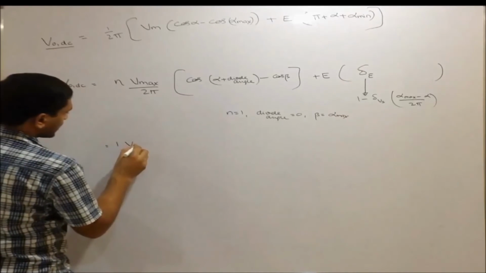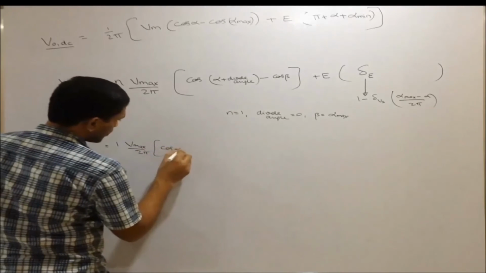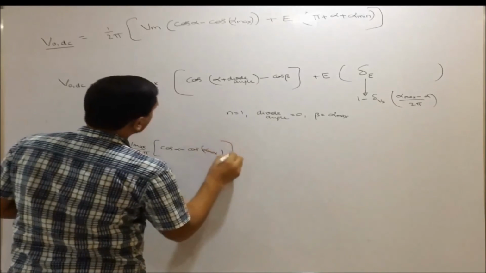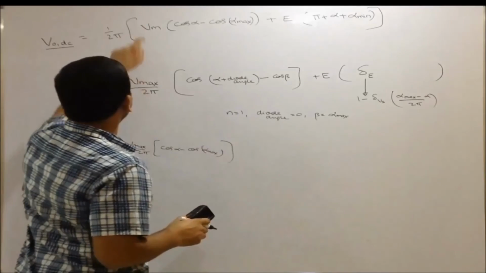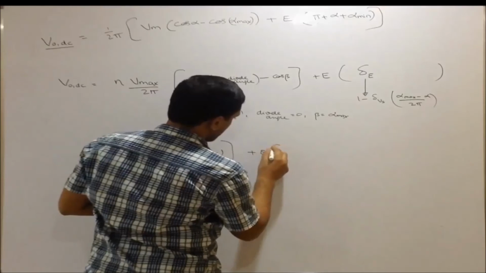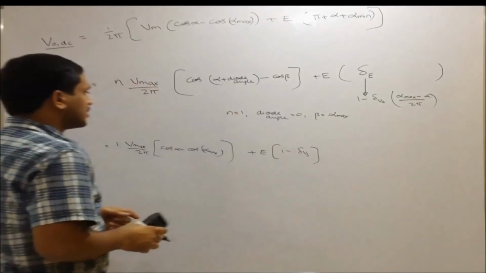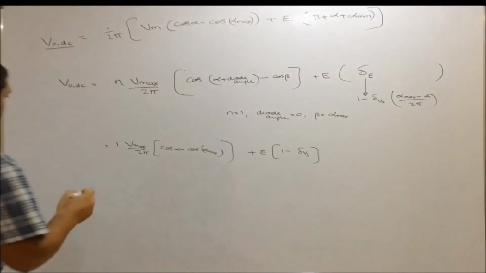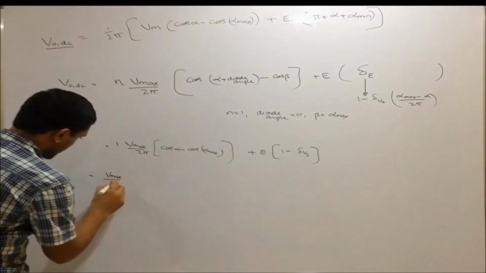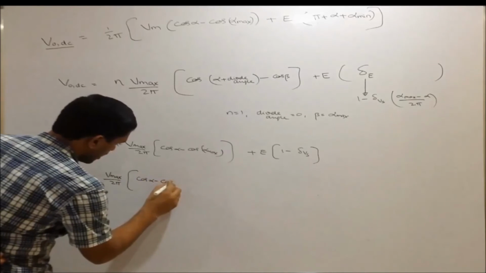N1 V max divided by 2 pi into cos alpha minus cos beta, that is alpha max. So this part we have got as usual. But this part we are interested in: plus E into 1 minus delta Vs. So now it becomes V max divided by 2 pi into cos alpha minus cos alpha max.